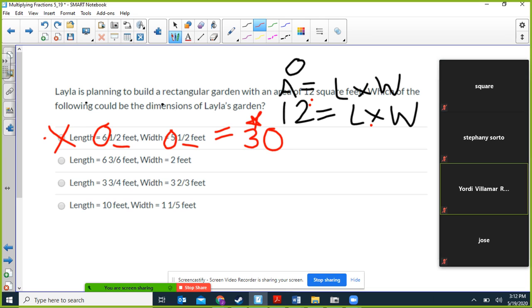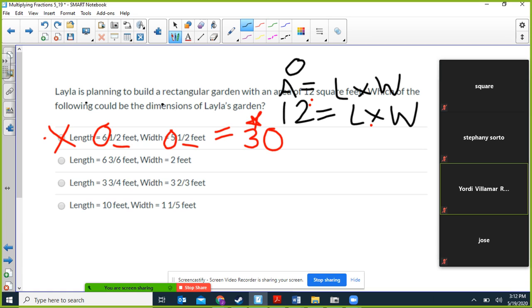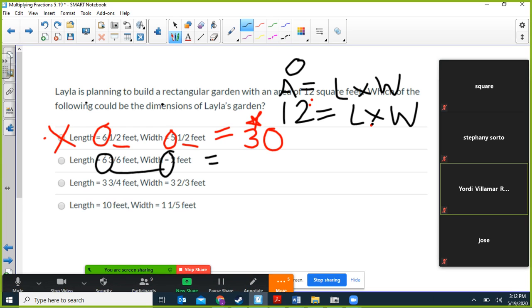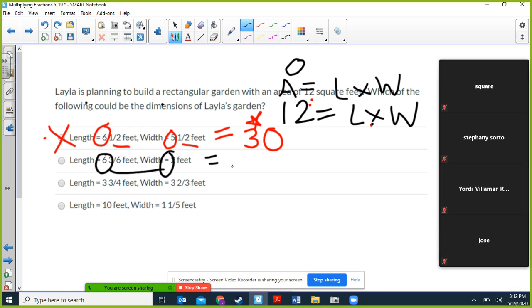All right. Let's look at the next one. Remember, we're just looking at our whole numbers right at the start. We have a whole 6 and a whole 2. If we multiply those together to find our area, what do we get? We get 12.